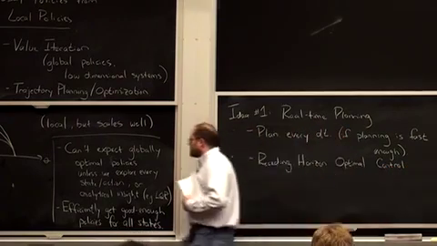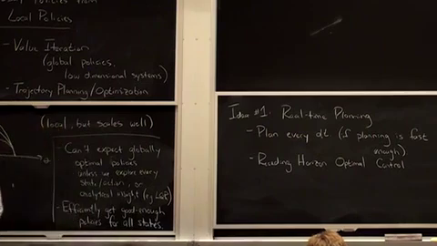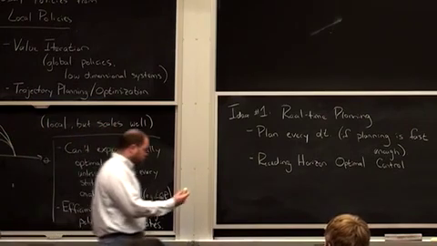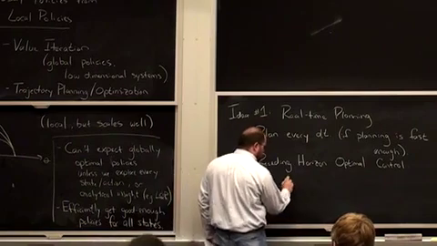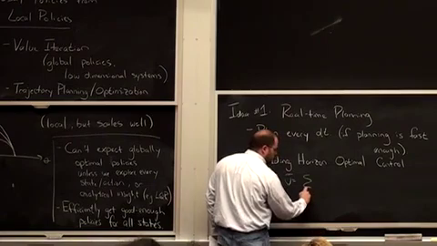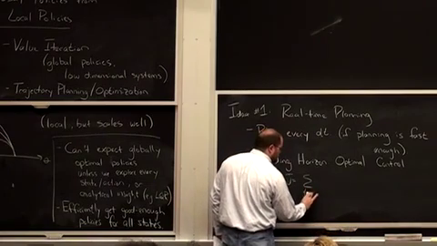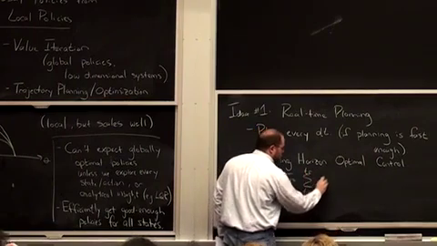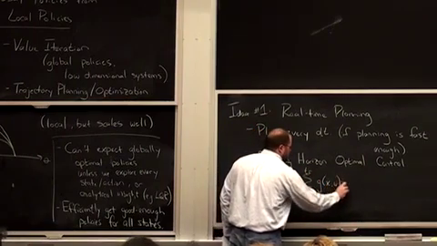So how's that going to work? The simplest answer is, for receding horizon, I've got some long-term cost function. I've got my total cost function from t equals 0 to some t final of g(x,u) dt.